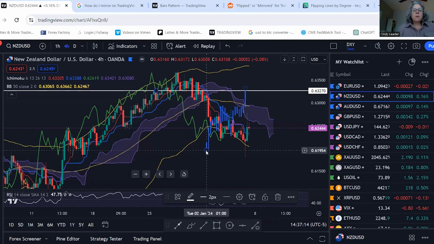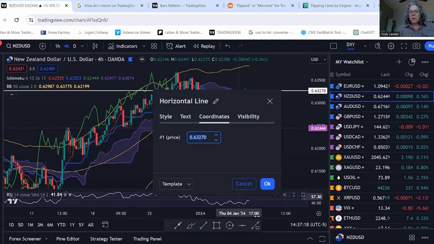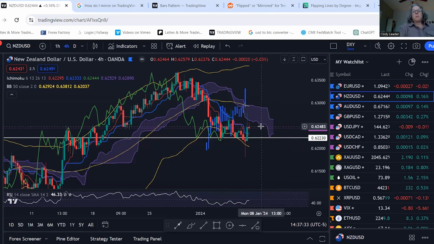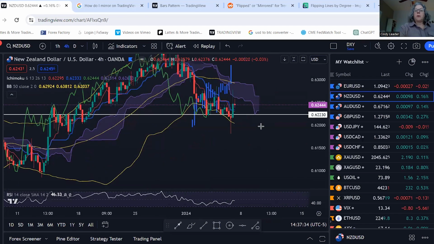And down here, again, I'm going to go to the gear. I must have been off by one candle. I'm going to change that to 3222, 2230. So we were almost on the mark, but what I wanted to show you, if I was on the mark, oh, where'd that other one go?